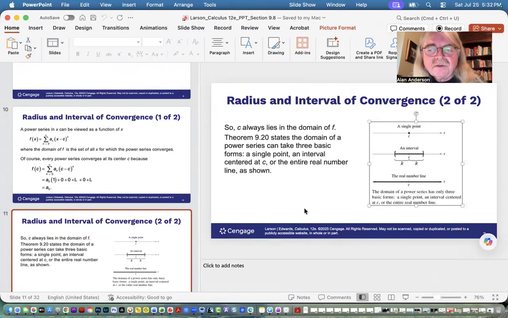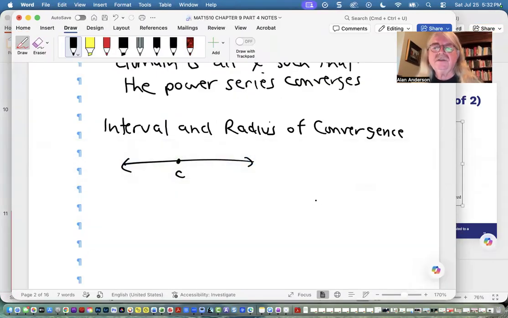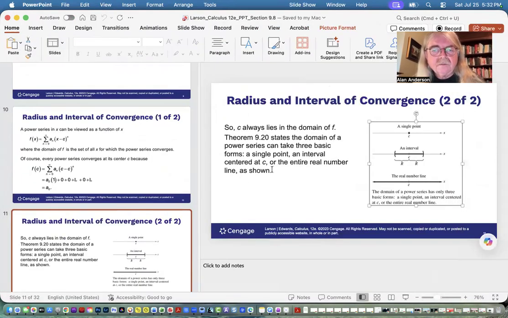But sometimes there's a range within which it converges. So let's say here's C. R is the radius.